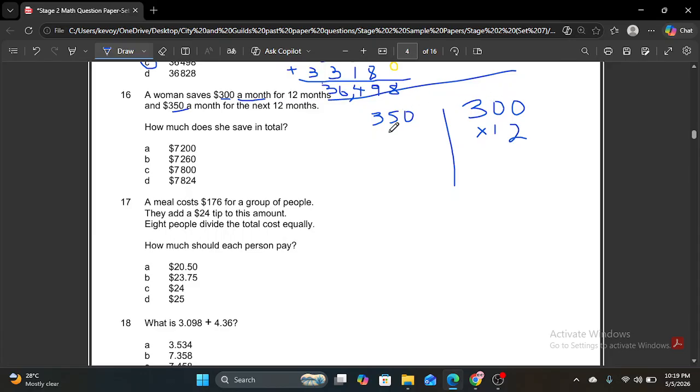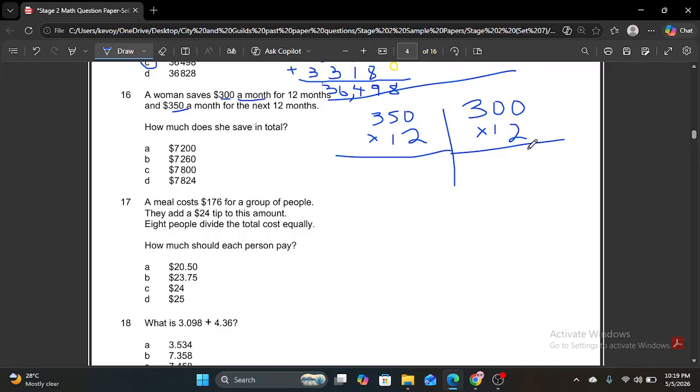Year 1, year 2 is 2 years. 12 months make 1 year. So because 12 months make 1 year, in 1 year she saved 300 every month. And the other year she saves 350 each month.